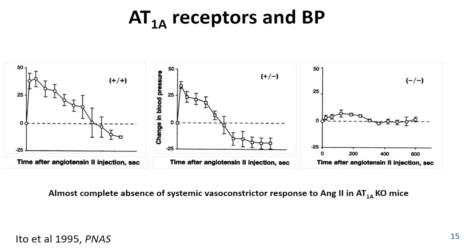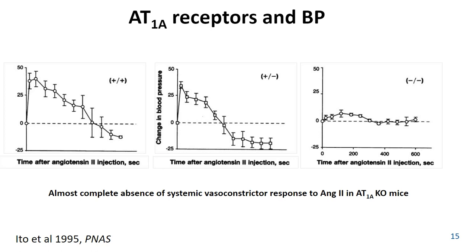In the heterozygous knockout mouse, you have a blunted effect, but it's still a pretty decent effect. However, in the global knockout, you have hardly any response at all to angiotensin 2. It is likely that that small response is from the AT1B receptor. Rodents, mice and rats, both have an AT1A and AT1B receptor, whereas humans just have one isoform called the AT1 receptor.